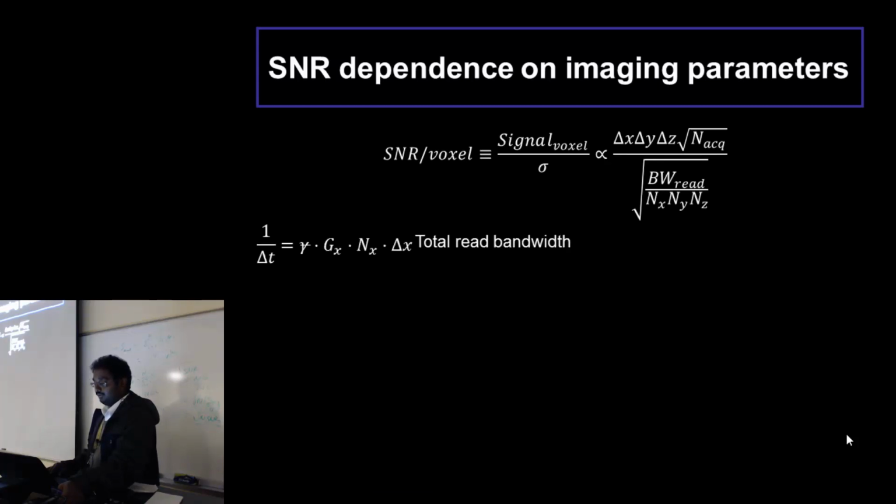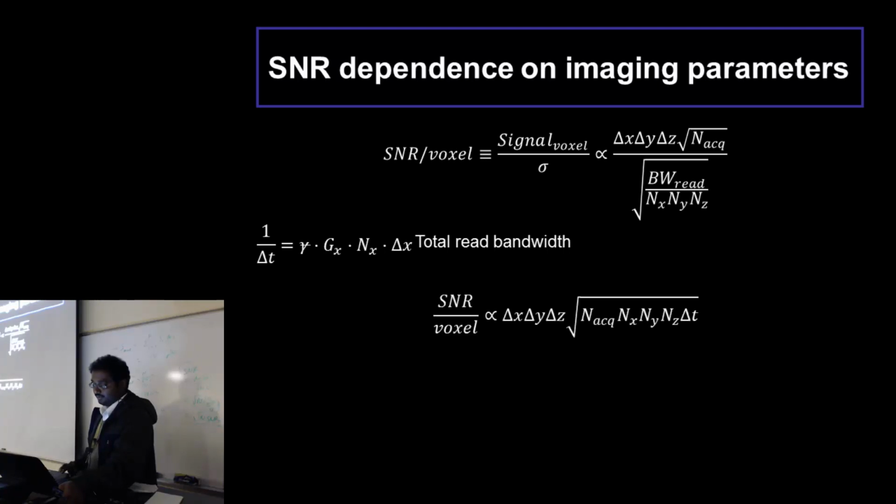So you still have to follow your Nyquist relation. Using that, you can substitute for bandwidth read. So nx times delta x, well, not nx times delta x, sorry, in this case. This goes to the numerator.